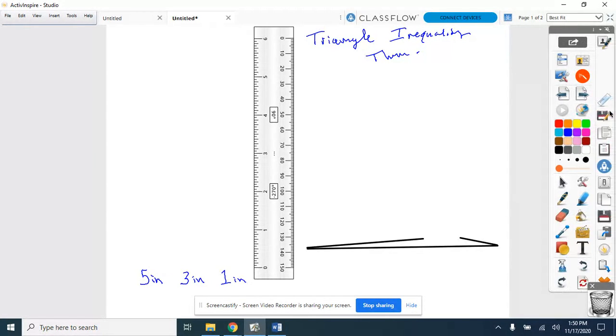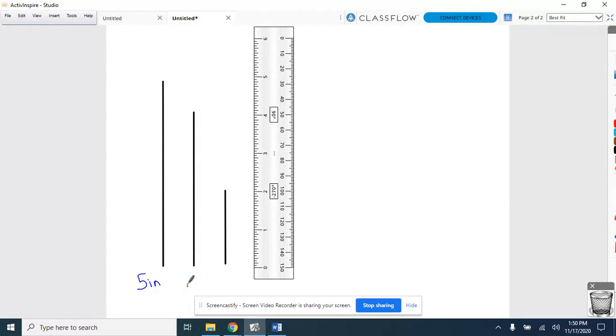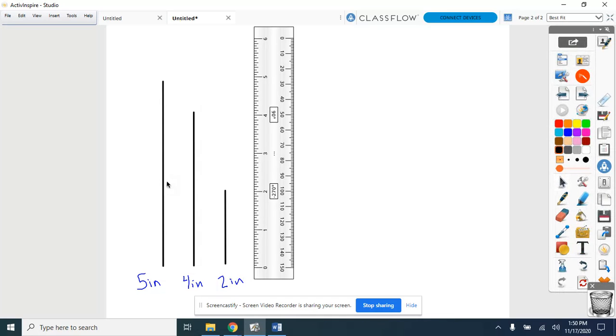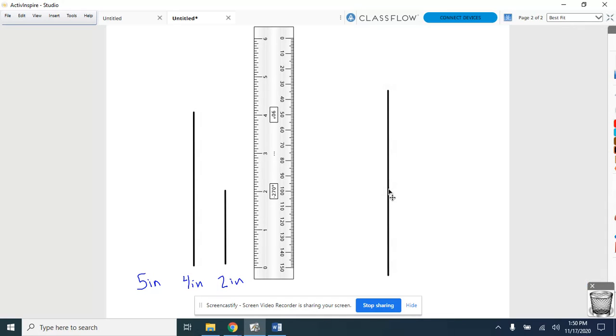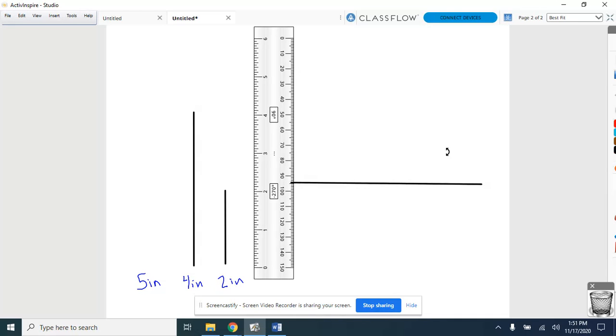Okay, let's look at another little example here. Let's keep this first side 5 inches, and the other sides are now 4 and 2. We'll try and do the same thing. Let's try and make a triangle here. We'll use this as our base.